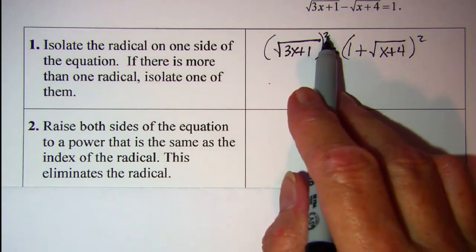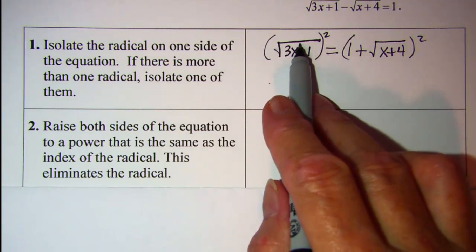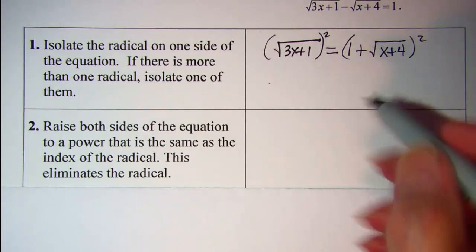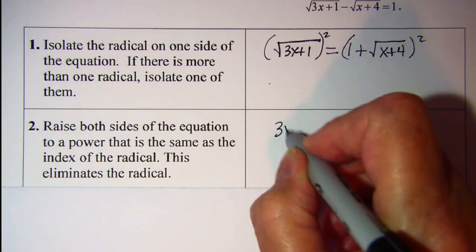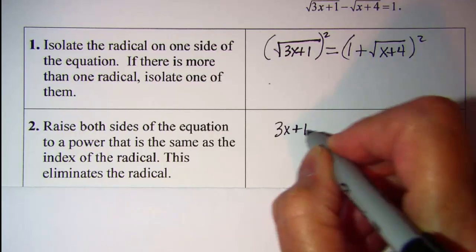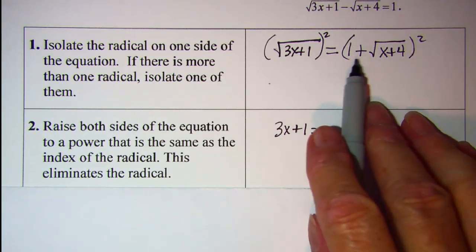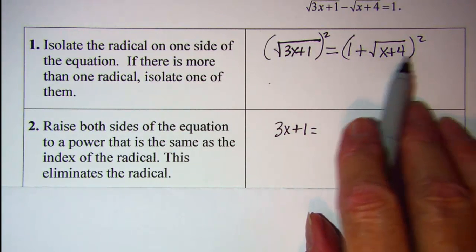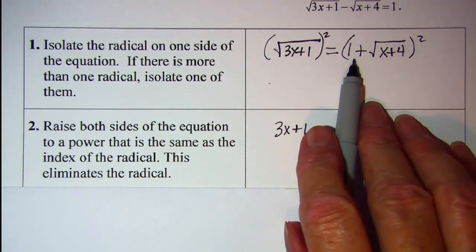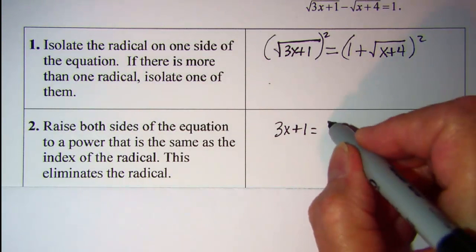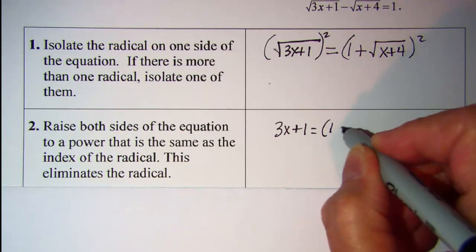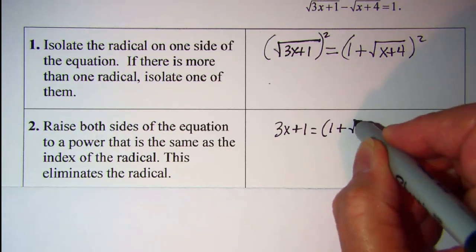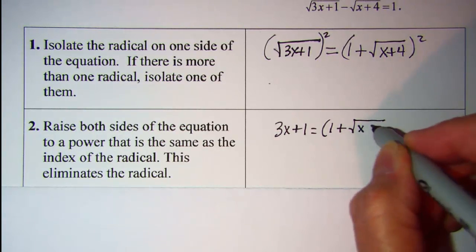So the squaring of a square root on the left side here will just give me 3x plus 1. Now be very, very careful here. When you square a binomial, it's important that you realize that that means that you're multiplying the binomial by itself.